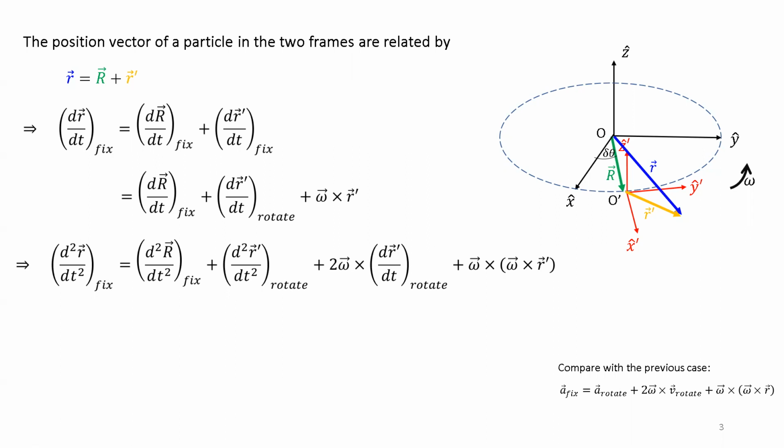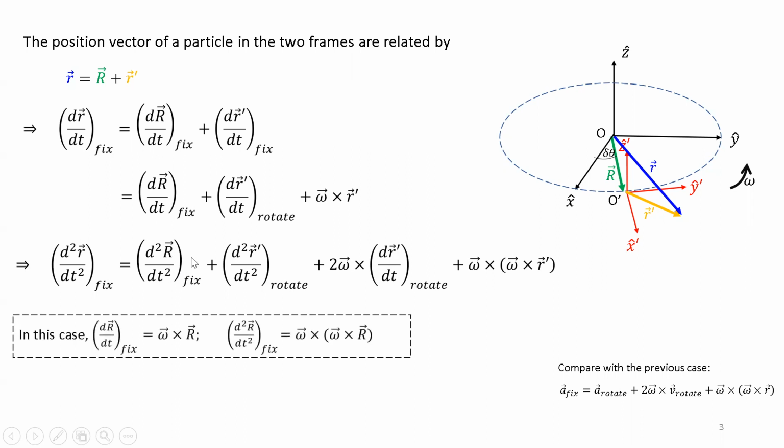Now the additional terms here are this d capital R dt, and here is the d squared capital R dt squared. This is the term that you didn't see in the previous part of the chapter. Now remember what this capital R is doing.